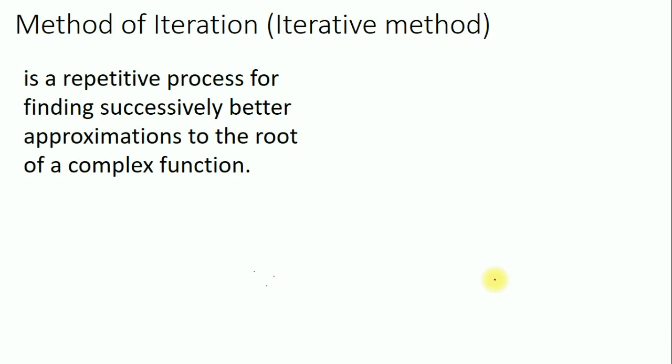Now, just like Newton-Raphson method, method of iteration is also a repetitive process. Using the iterative formula, you repeat the process by substituting the successive approximation into the formula until the required degree of accuracy is achieved.